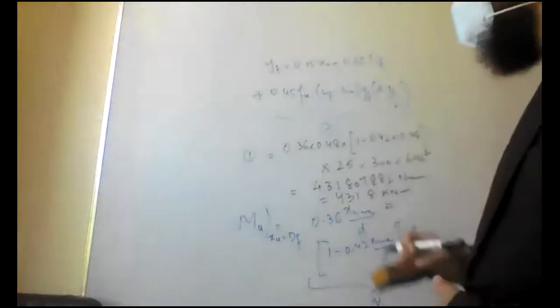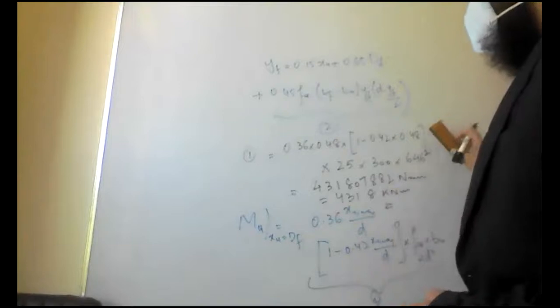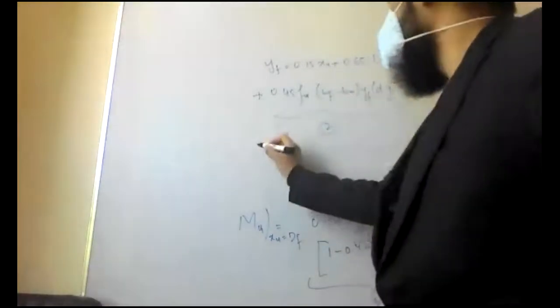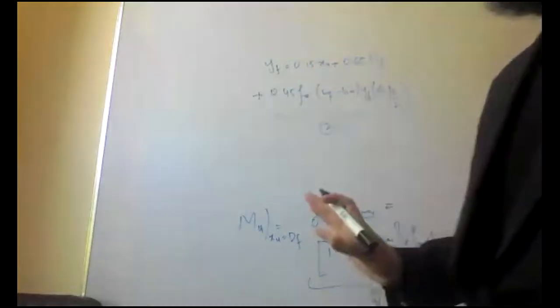This is part 1. Now coming to part 2, this one. Just remember this 431.8. This is part 1. Now in part 2, it was given in the code that wherever you have XU, you have to replace it by XU max.